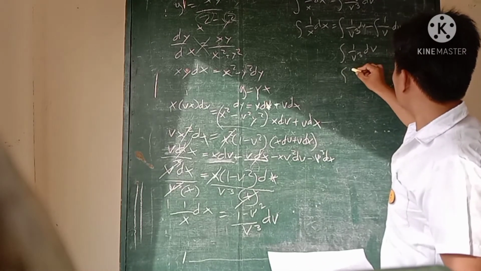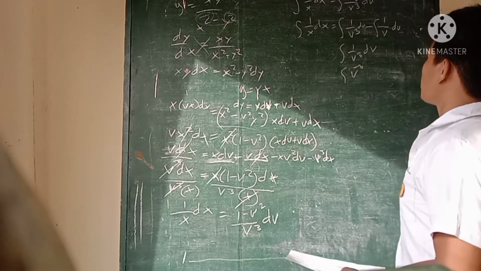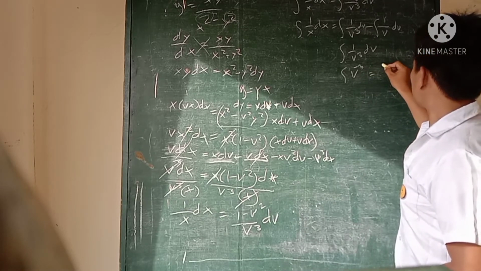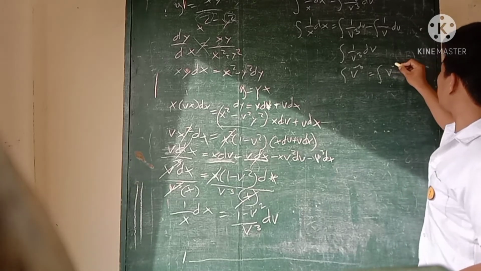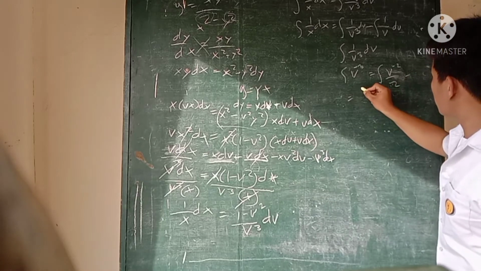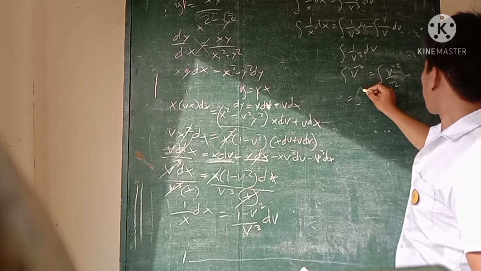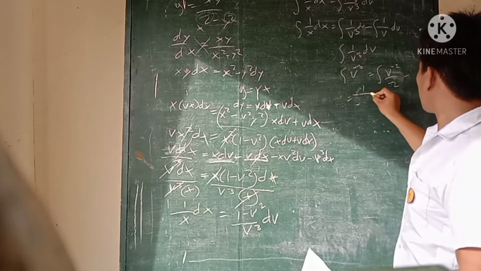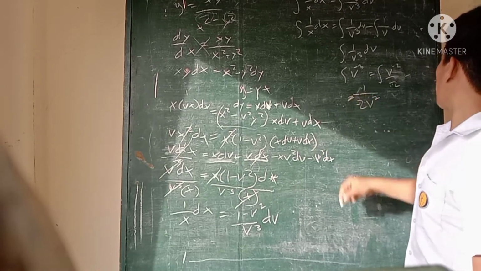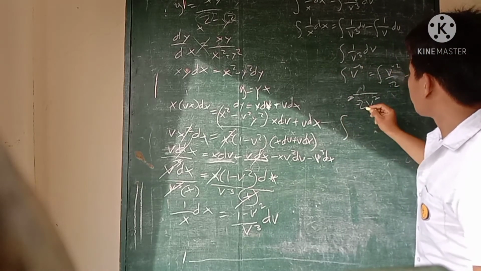So v to the negative 3, and in the power rule, negative 3 plus 1 gives v to the negative 2 over negative 2, which equals negative 1 over 2v squared.